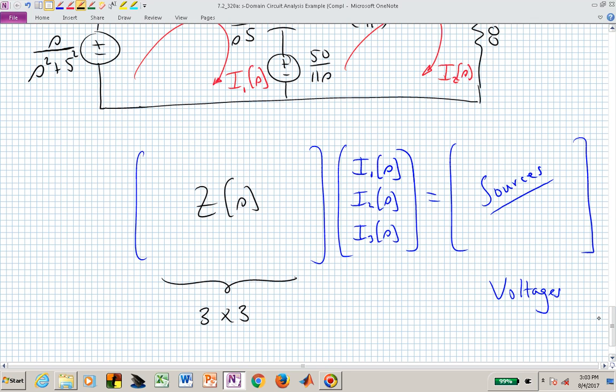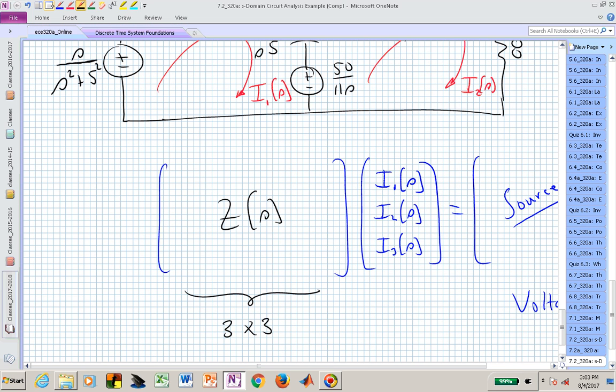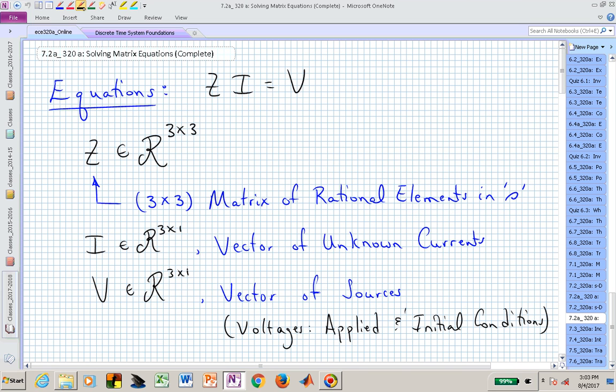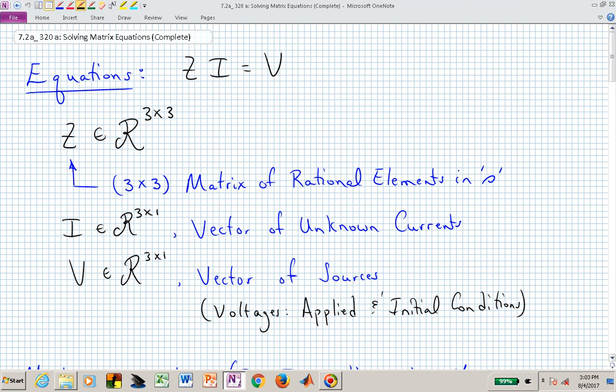We now would need to either invert that 3 by 3 matrix that's a polynomial in S, which will now be rational expressions in S, and we would then find formulas for I sub 1, I sub 2, and I sub 3, and we could inverse Laplace transform each of those. Let's just focus on performing one such analysis, meaning suppose that now we wanted to solve for I sub 2.